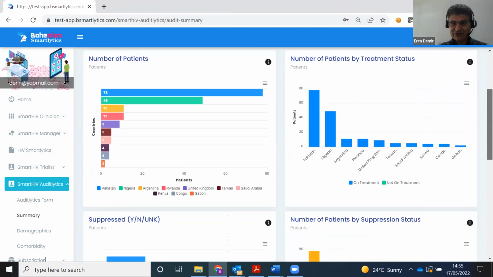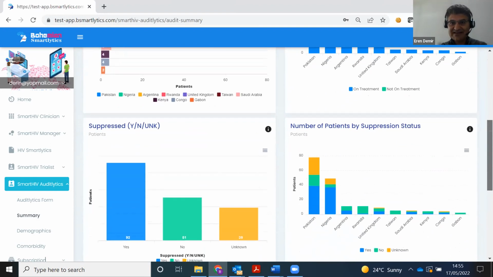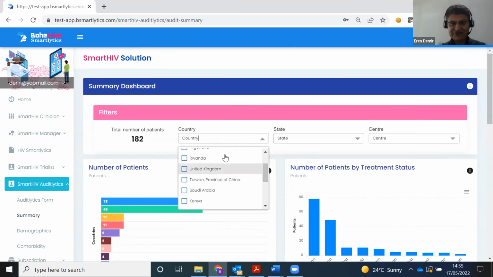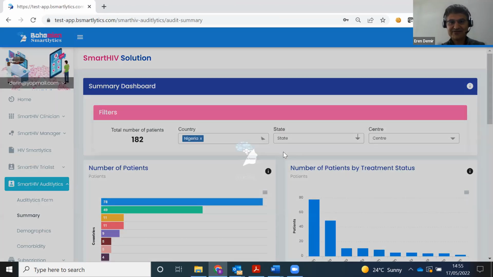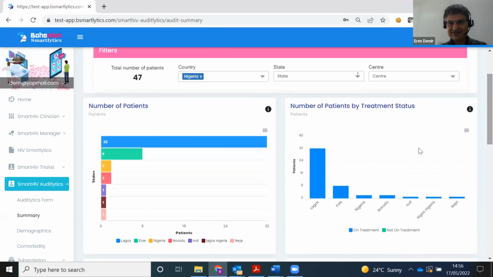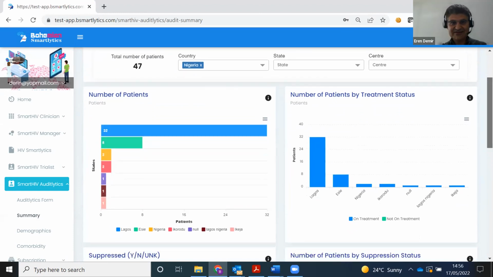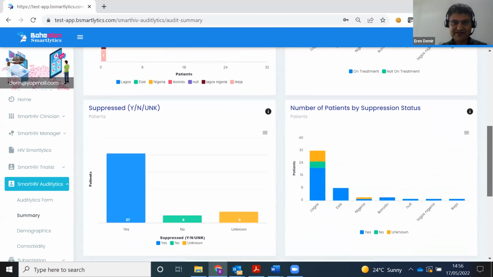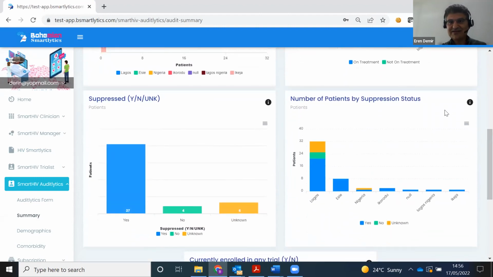So this is where you can slice and dice your data. Imagine in this case you're going to be Swaziland, but let's say I'm going to pick Nigeria. You'll have all of your patients broken down by different states, the number of patients by state or city, whatever you want to see, and how many of them are suppressed, their suppression status.